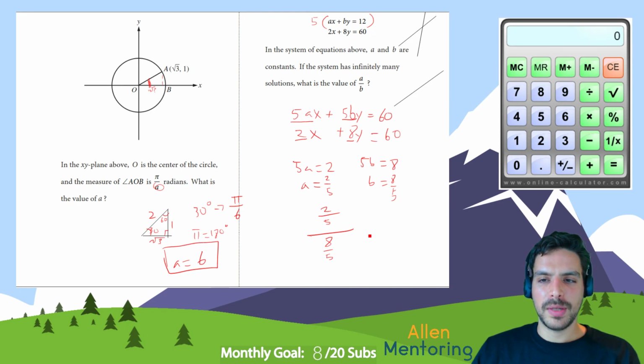Well, we can do the same thing we did before. Keep, change, flip. We're going to keep 2/5. We're going to change division to multiplication, and we're going to flip the second fraction. All right, that's how you divide two fractions. And so we're going to get 10 over 40, which is equal to 1/4.